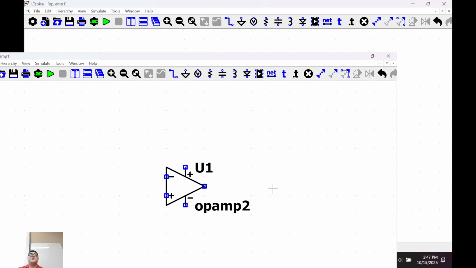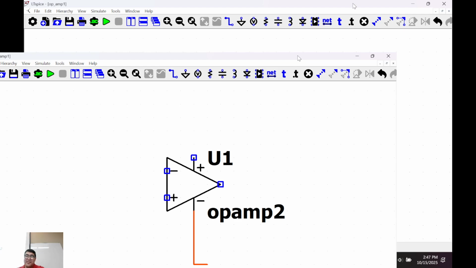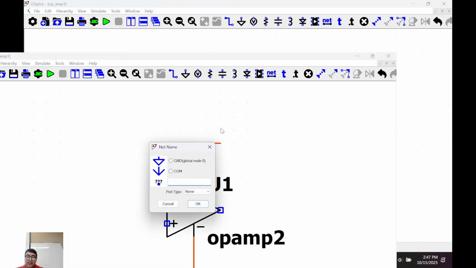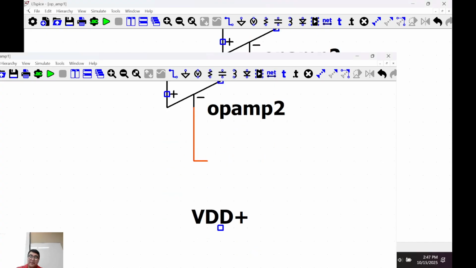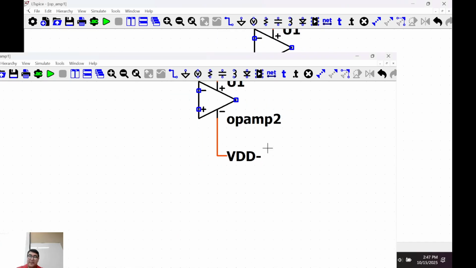So this is what your op amp is going to look like in LTSpice. I'm not so sure if this is going to run, but let's just try it. So I'm going to label this. Label VDD plus. This one's going to be VDD minus. Understood?